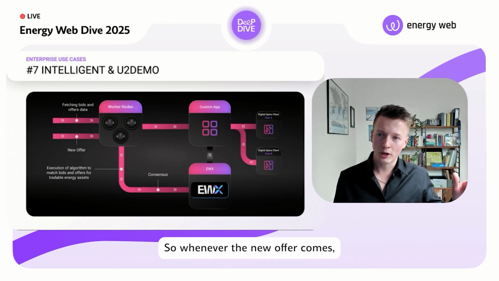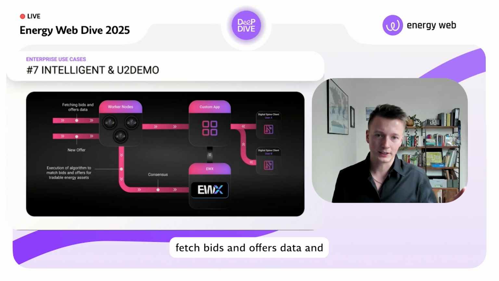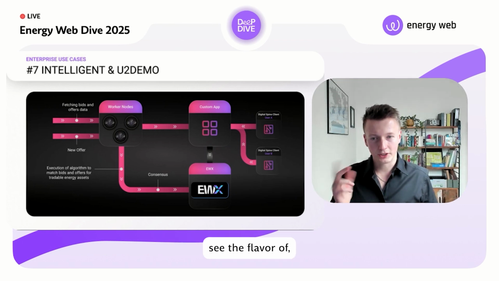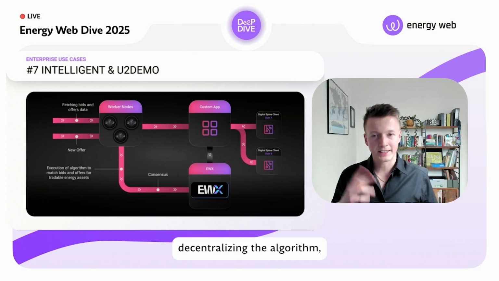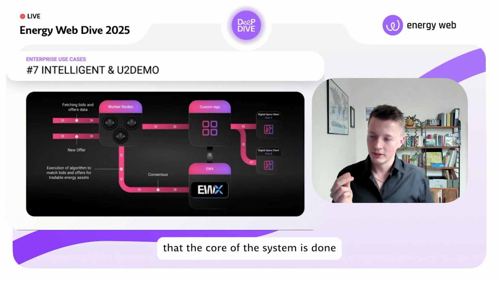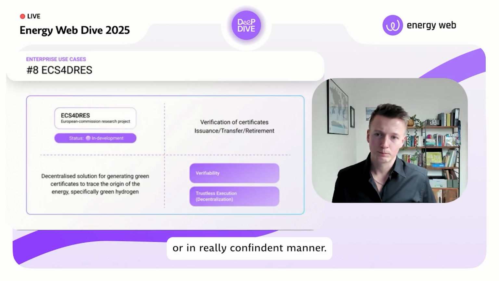So whenever a new offer comes, they will be able to execute that algorithm, fetch bids and offers data, and match it properly. So again, as you see, the flavor of decentralizing the algorithm, so making sure that the core of the system is done in a really confirmed manner.